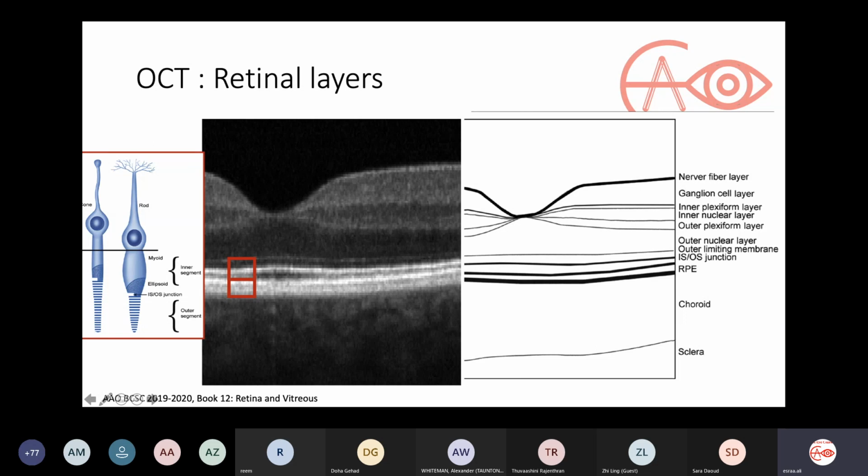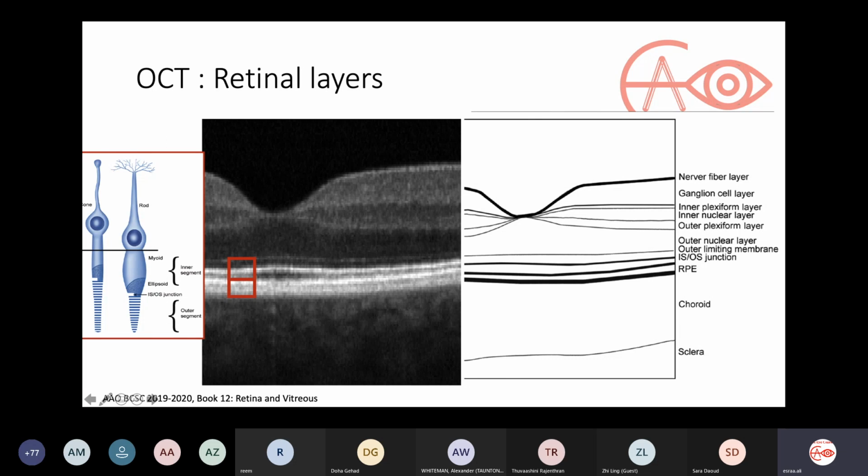So if this very nice white line is not there, then you can know that the prognosis is not very good. If it's still preserved, even if you have macular edema everywhere, even if the other layers are in complete chaos, you can still say there is a bit of hope that the patient will be able to see again.